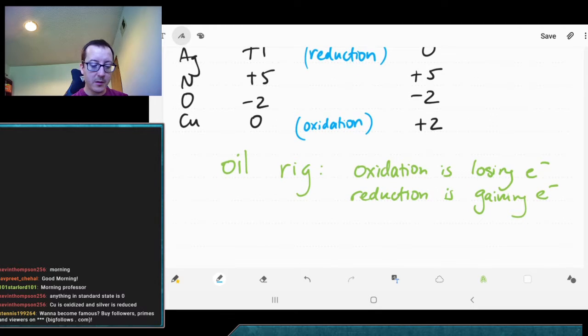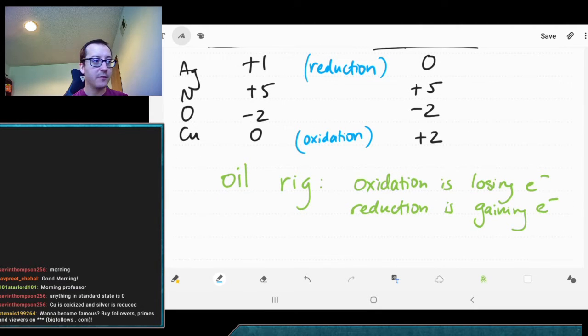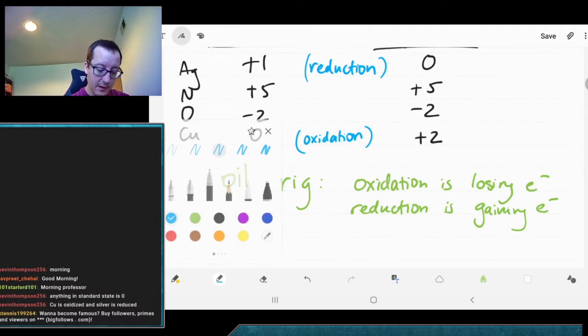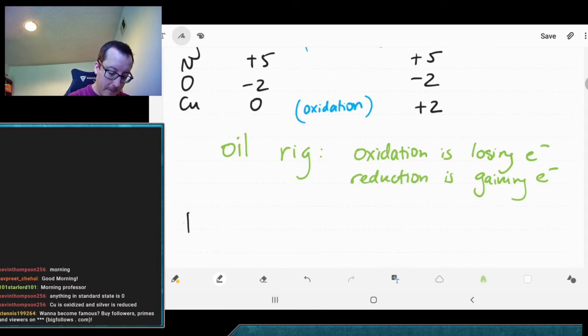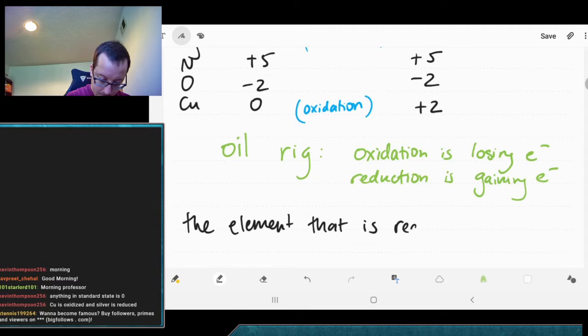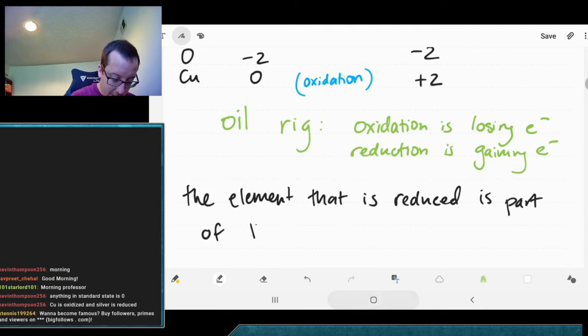And if we remember way back when, we have names for these things. We end up calling these agents, right? We saw that the element that is reduced is part of the oxidizing agent.